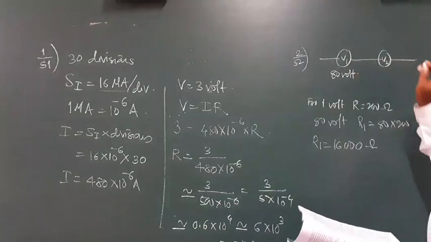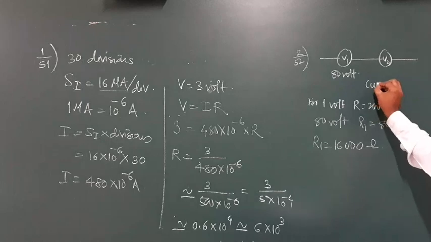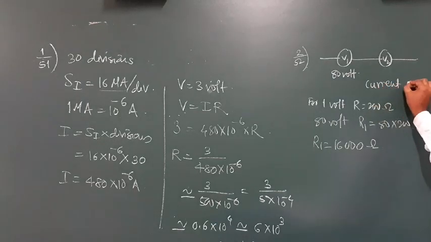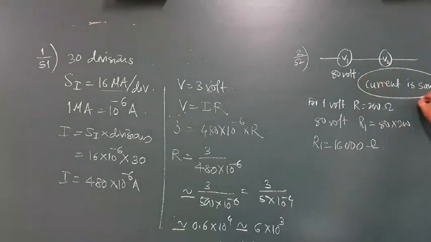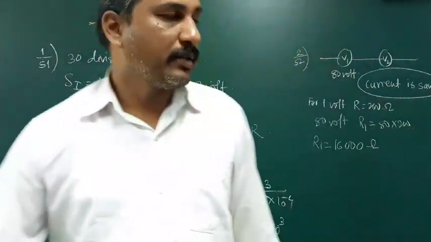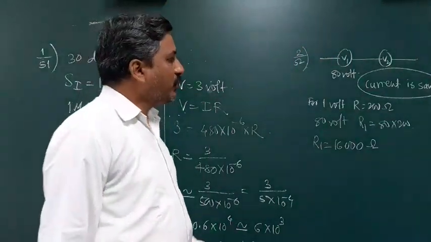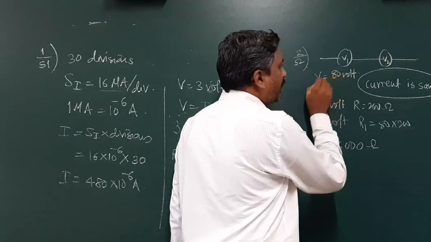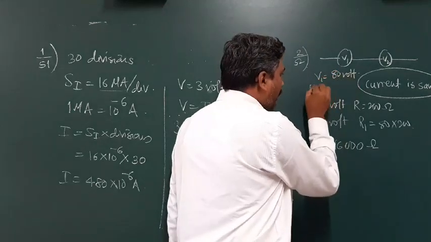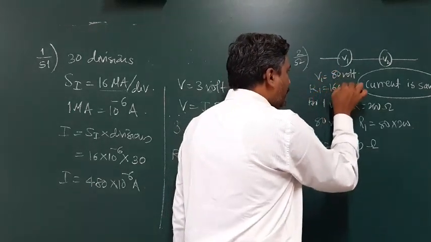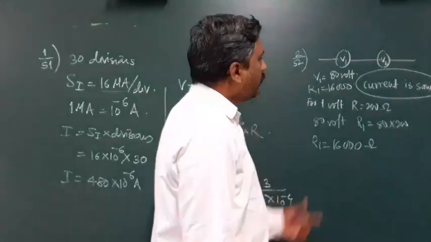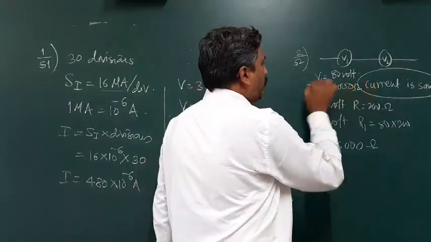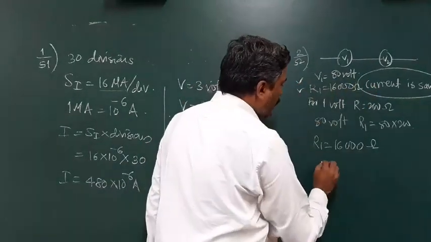Now both are in series combination, so one thing is clear: the current is the same through V1 and V2, because both are in series combination. Now how much current is flowing? For this we have V1 as 80 volt and the resistance 16,000 ohm. From these two values we have to find I1.